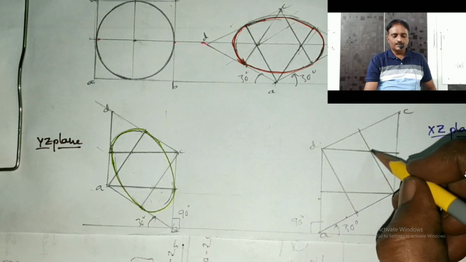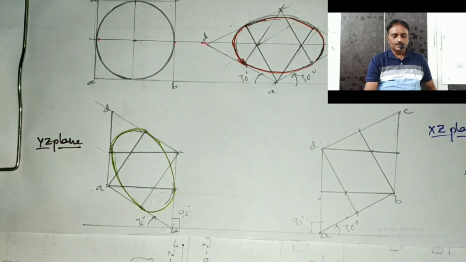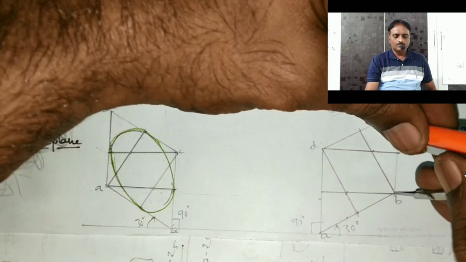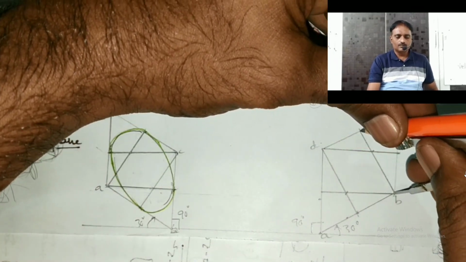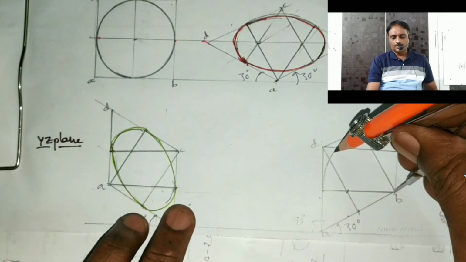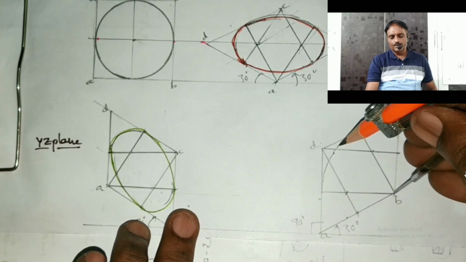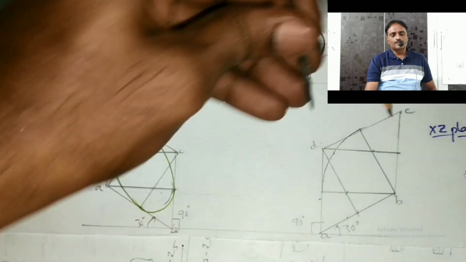So with B as center and this length as radius, complete the arc. Similarly with D as center, complete the arc onto the other side.